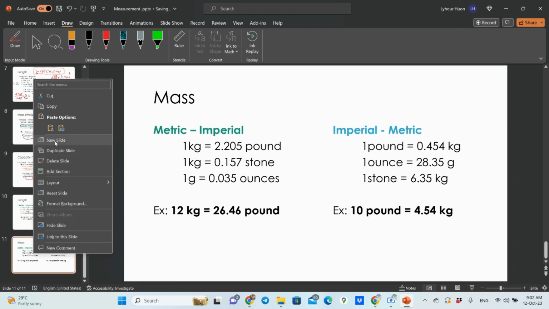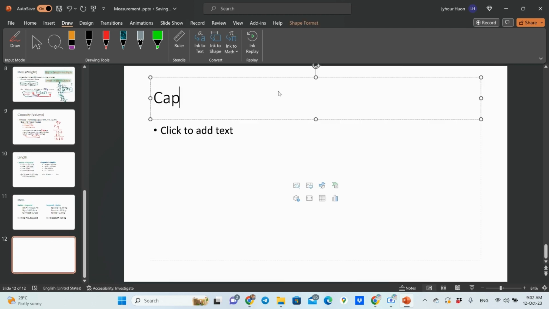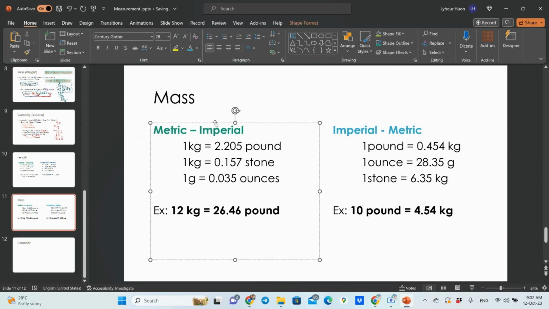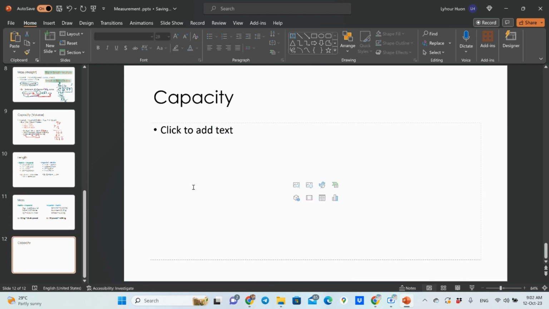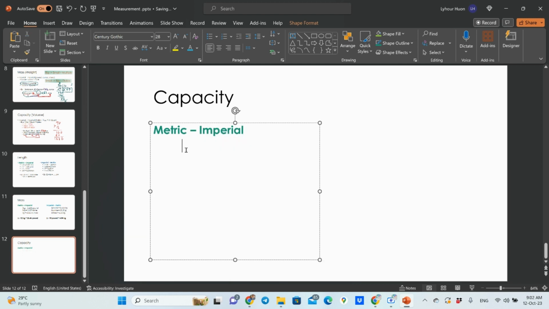Okay, so last one, mass, and then we have capacity. Let's do metric to imperial, imperial to metric.